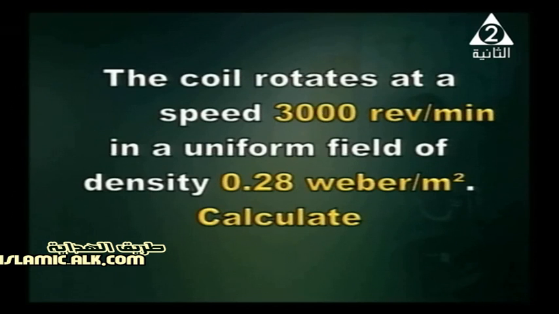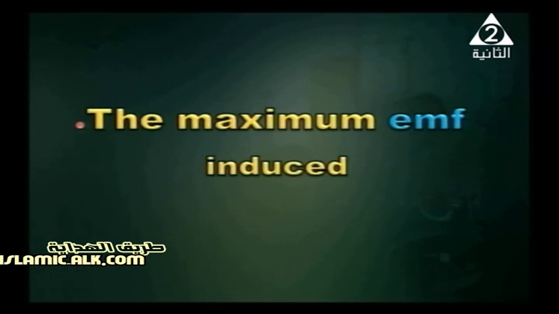The coil is rotated at a speed of 3000 rev per minute in a uniform magnetic field of density 0.28 Weber per meter squared. Calculate the maximum EMF induced.